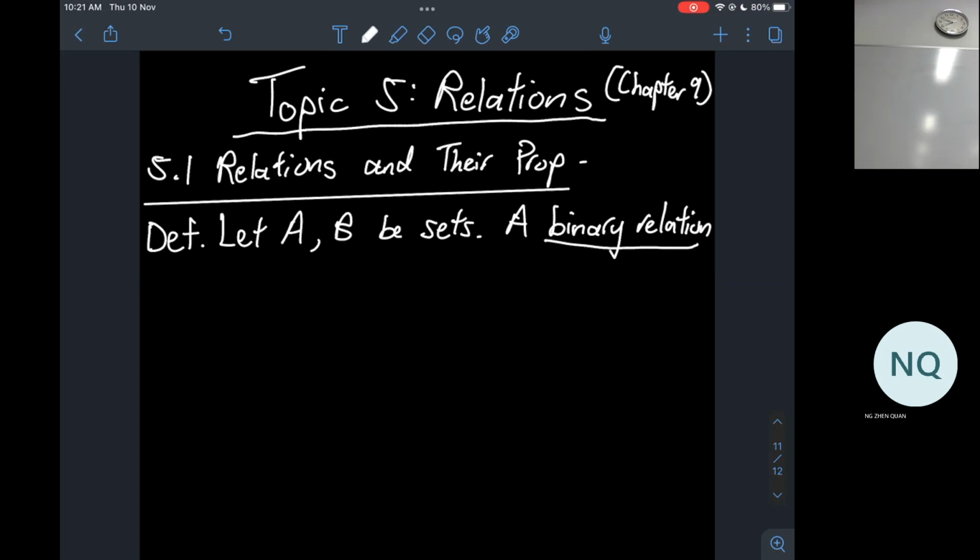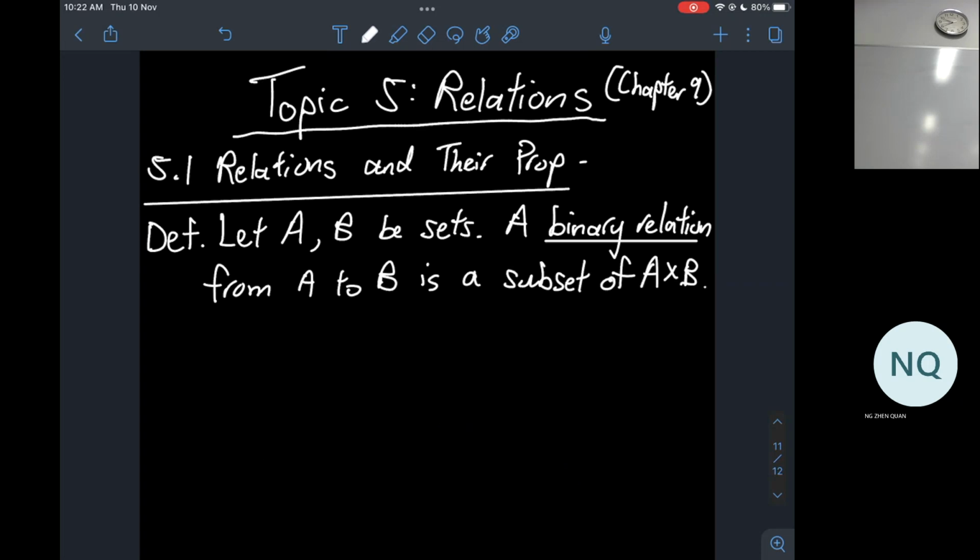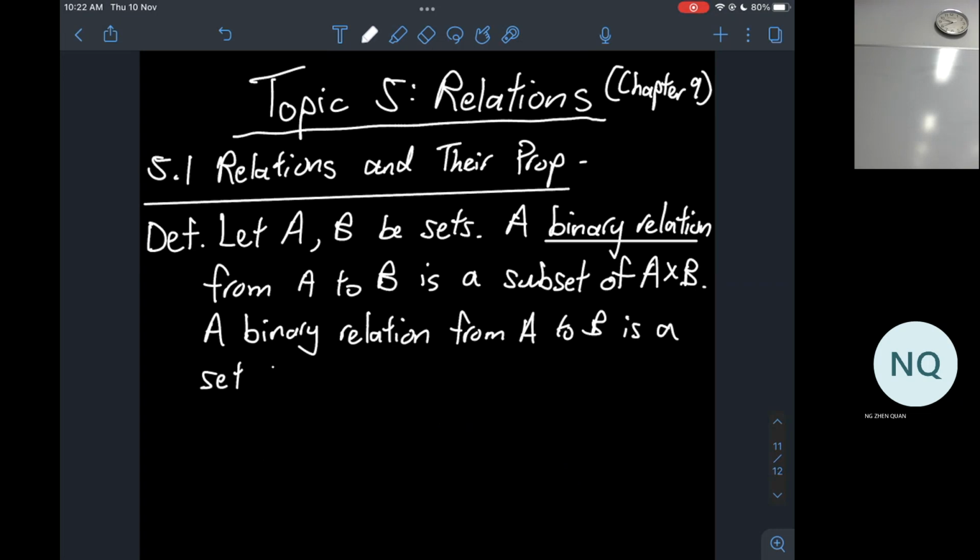A binary relation from A to B is a subset of the Cartesian product of A and B, A cross B. In other words, a binary relation from A to B is a set R of ordered pairs.